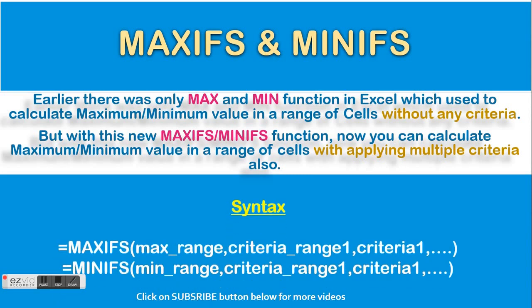Its syntax is equal to MAXIFS, max_range, comma, criteria_range1, comma, criteria1, comma, and so on. And if you want to apply MINIFS, then min_range and criteria_range1, criteria1. So now with these two new functions, we can calculate the maximum or minimum value in a range with a criteria.